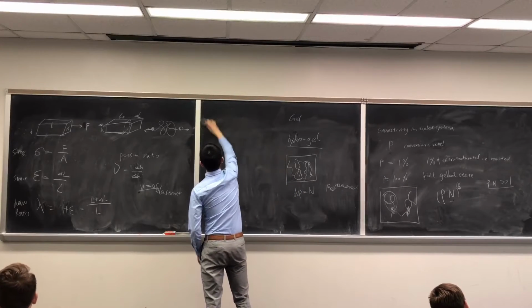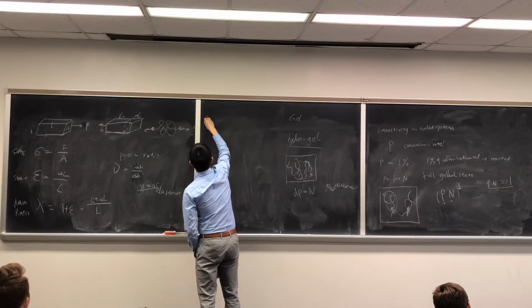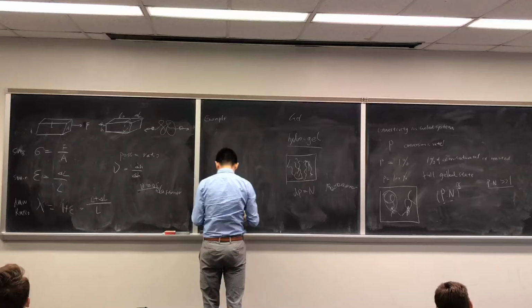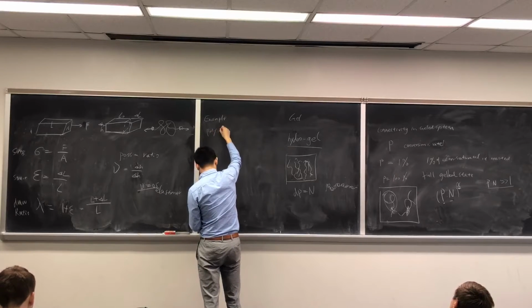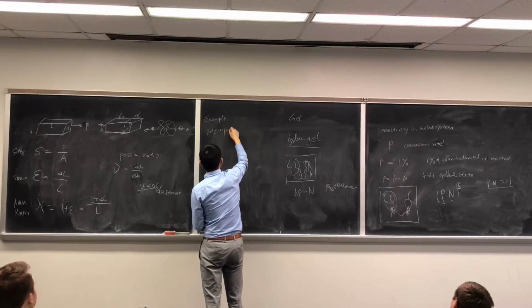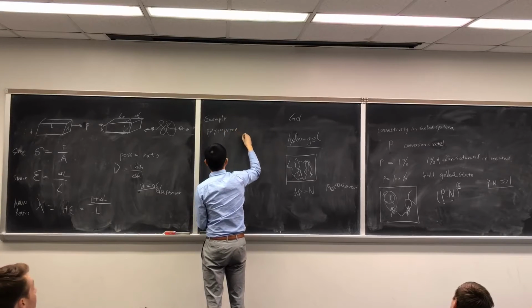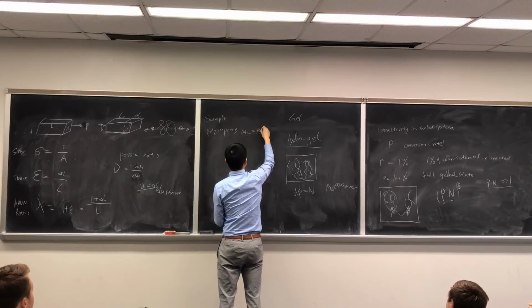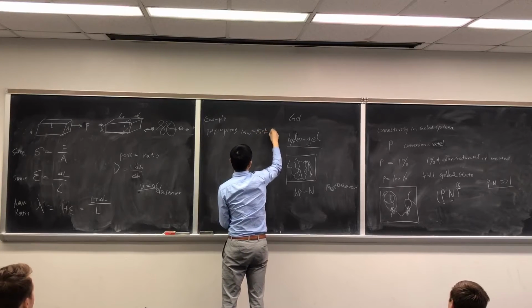So let's try a real-world example first. If we have polyisoprene, this is a polymer with a molecular weight of about 150 K Dalton.